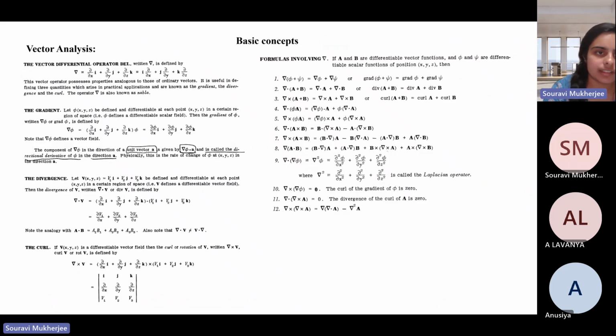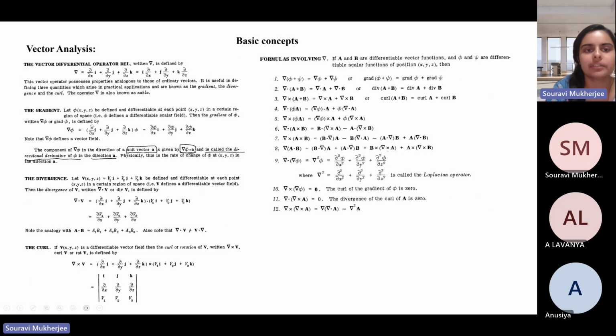We had discussed in the last class that there is this vector differential operator, the del operator, and this is how it looks. Depending on what you are operating on, whether that's a scalar field or a vector field, you can define different kinds of operations.